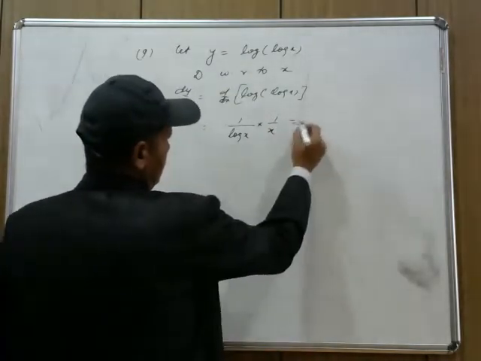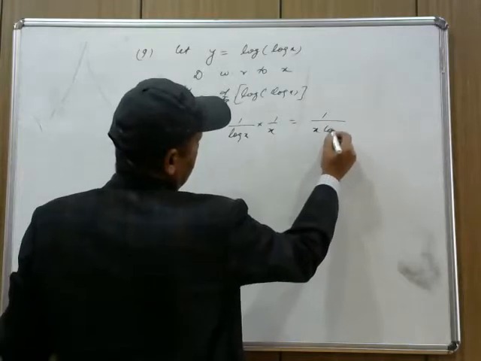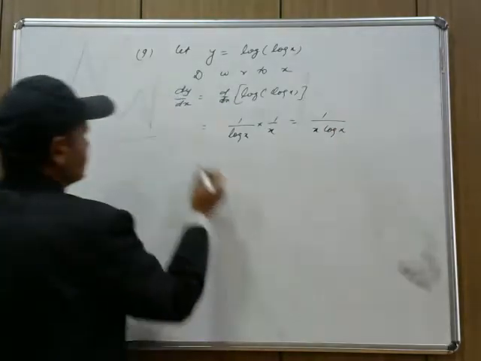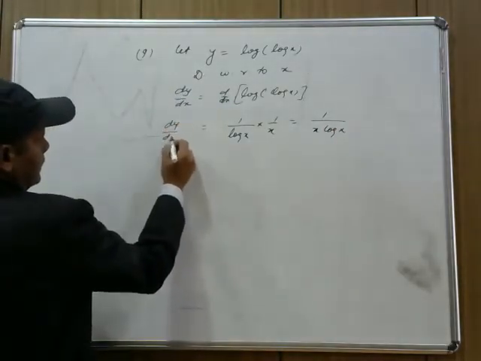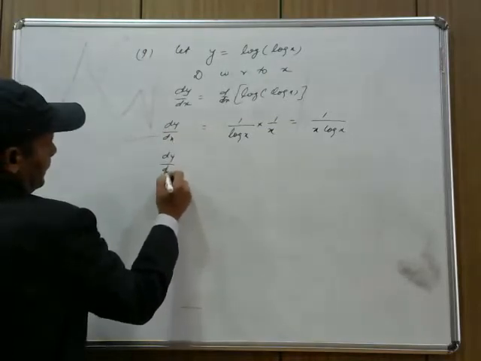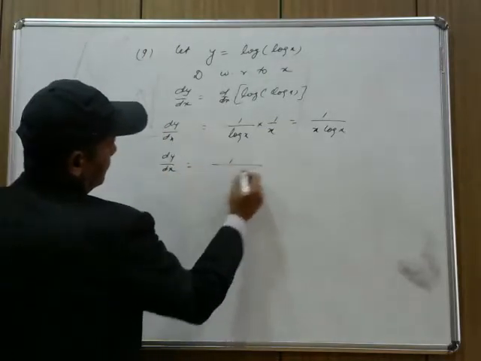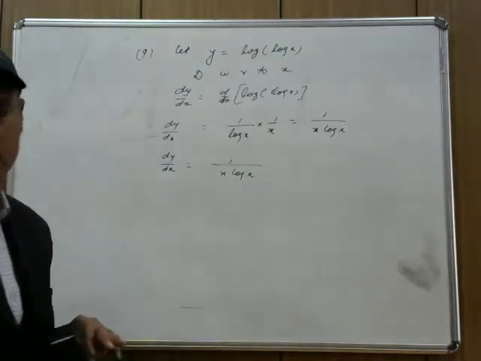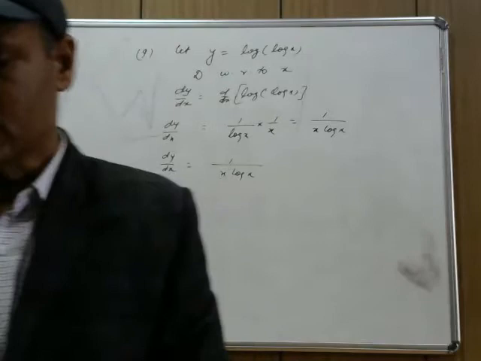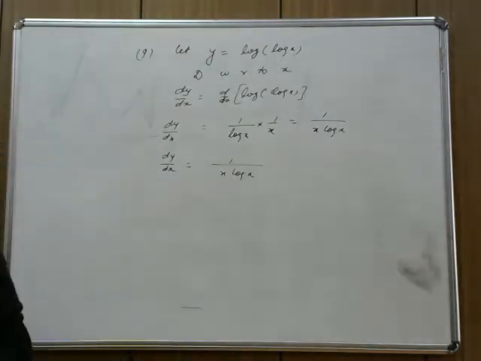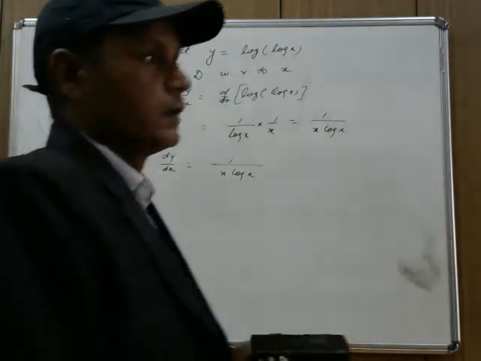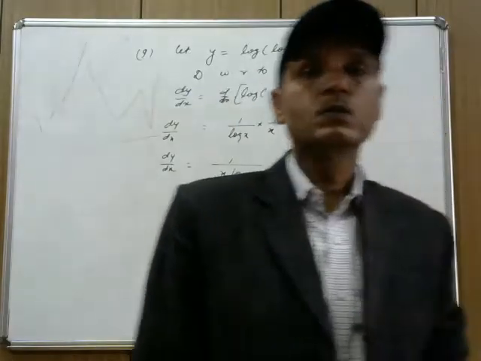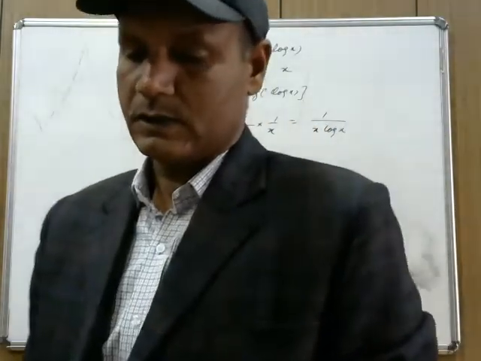That means now we have got 1 upon x log x. dy by dx is equal to 1 upon x log x. Right? Now again we have to differentiate, because we are finding the second order derivative.